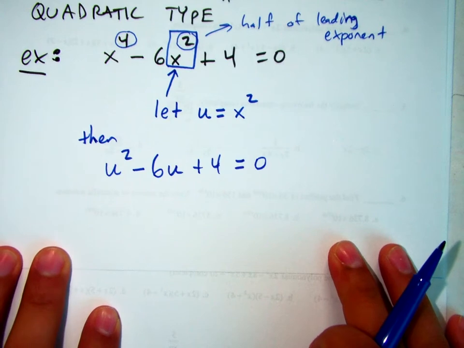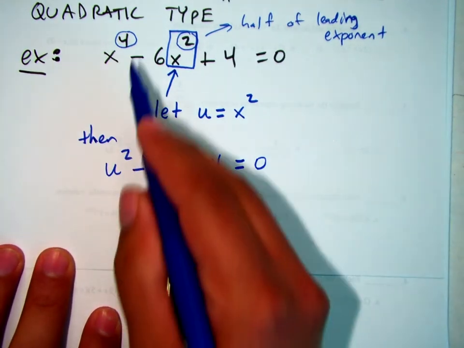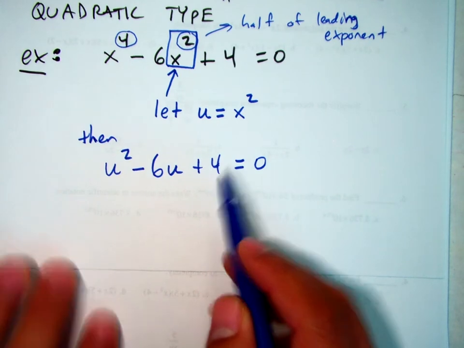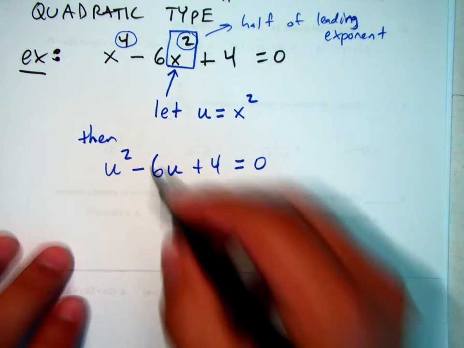Okay, so now we have an equation that looks like this first one, but now it's a quadratic. So how do we solve that? Quadratic formula. So the quadratic formula tells us that u is going to be what?